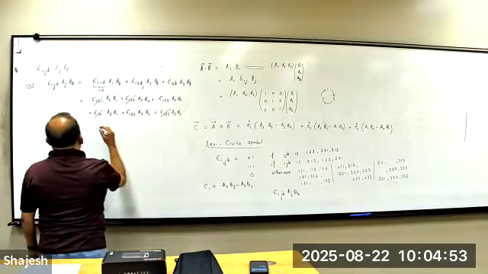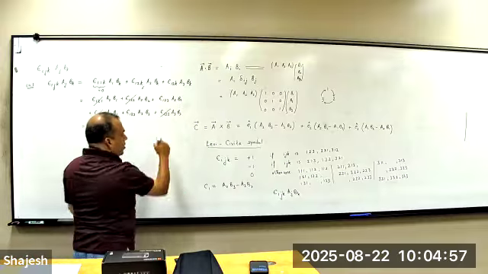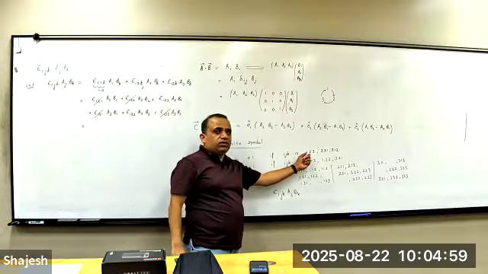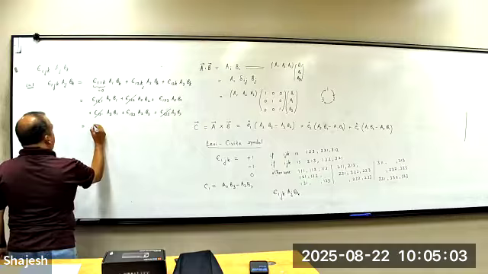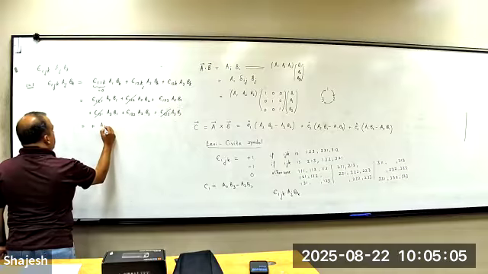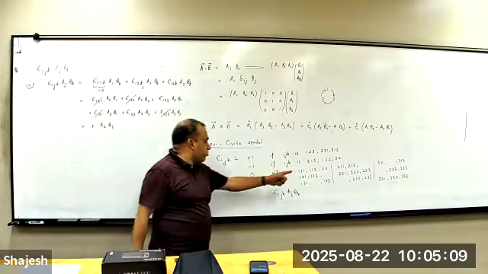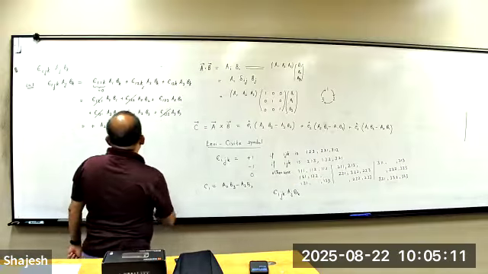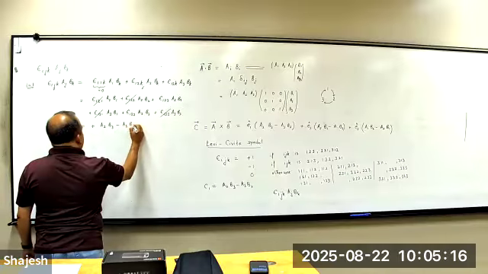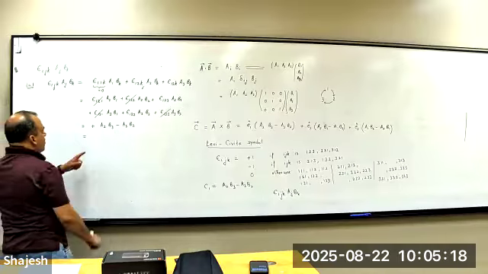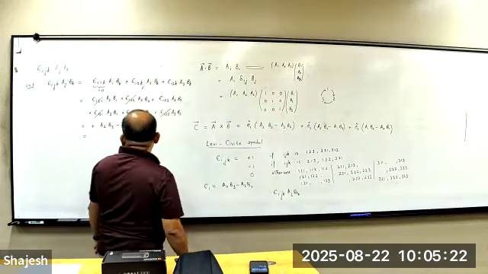The only ones that survive now are epsilon 1 2 3 and epsilon 1 3 2. 1, 2, 3 is plus 1, so it is plus A2 B3. And 1, 3, 2 is minus 1, so that's minus A3 B2. That's convenient because this is nothing but A2 B3 minus A3 B2. That's C1.